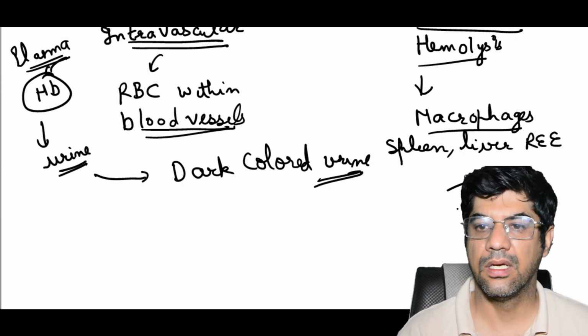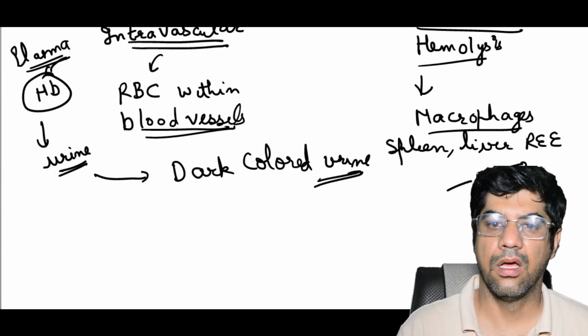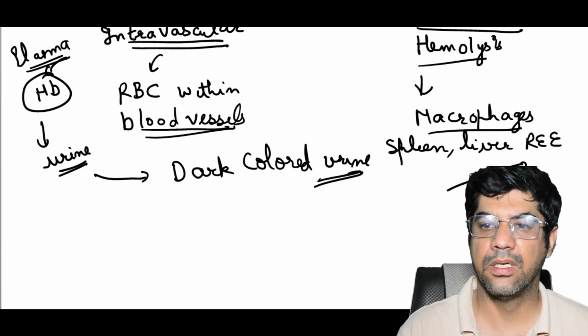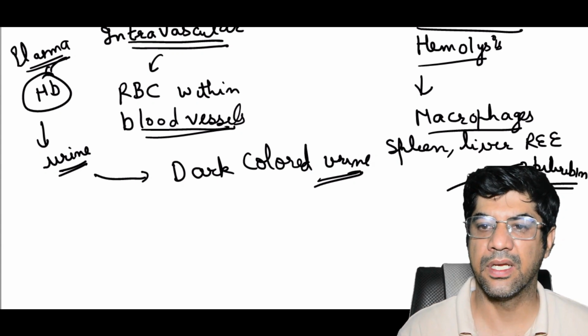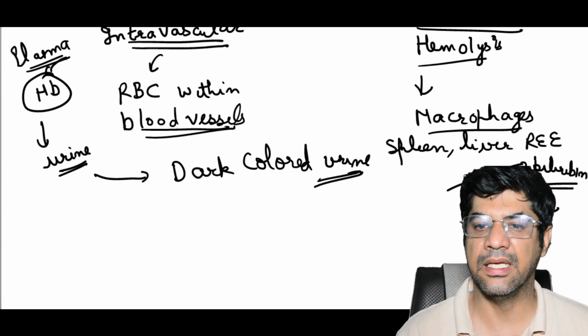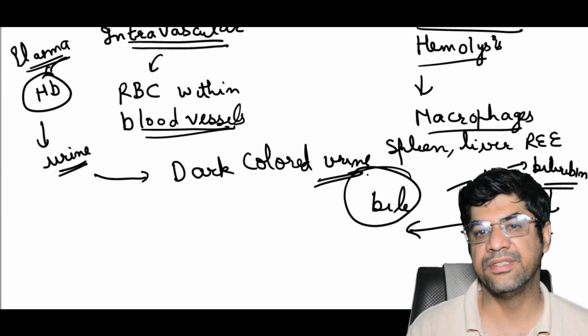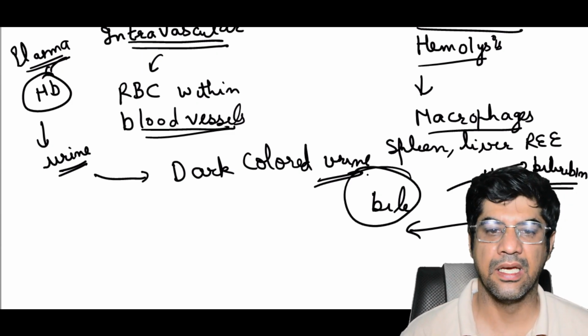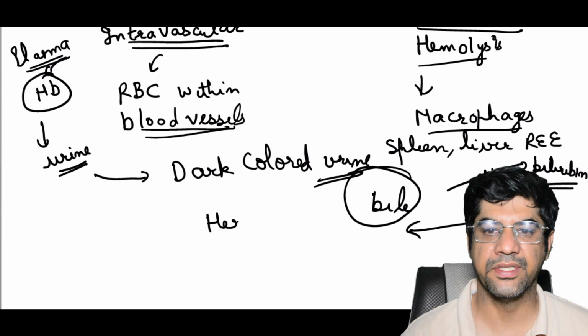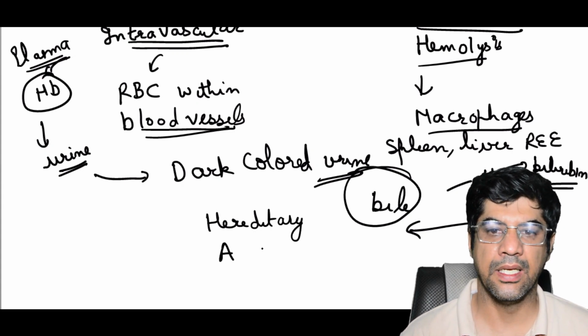Heme is further degraded into bilirubin, which is then processed by the liver and excreted in the bile. This form of hemolysis is seen in conditions like hereditary spherocytosis, autoimmune hemolytic anemia.